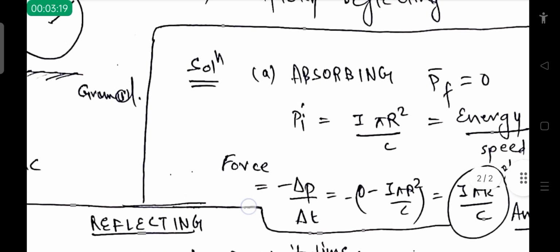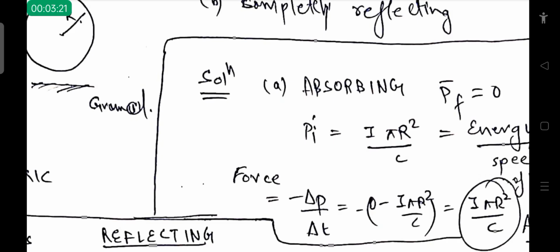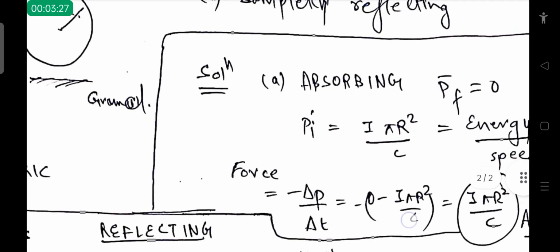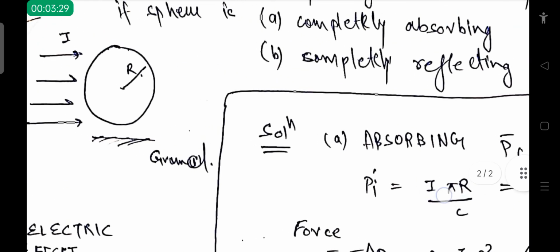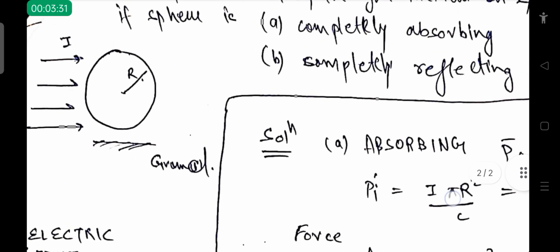Now the force can be written as minus change in momentum divided by the time. Why minus? Because this is the momentum of the light incident.